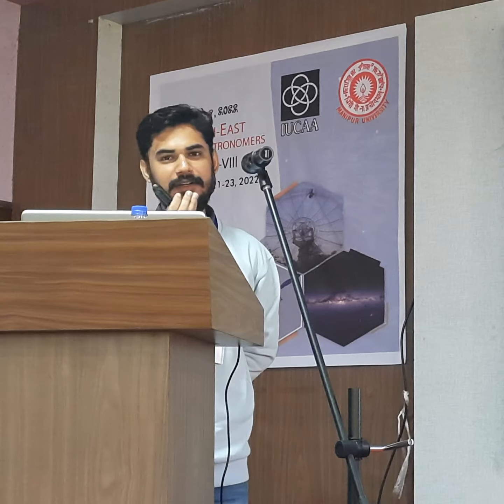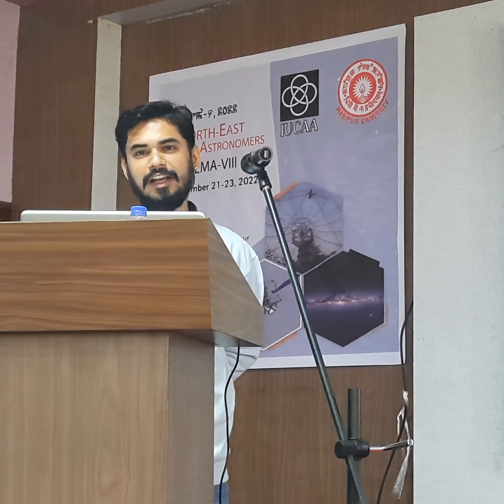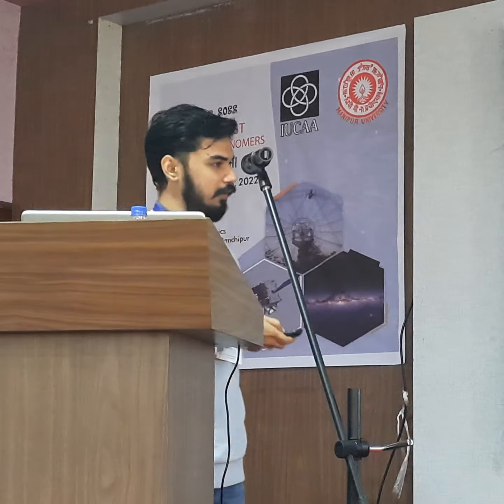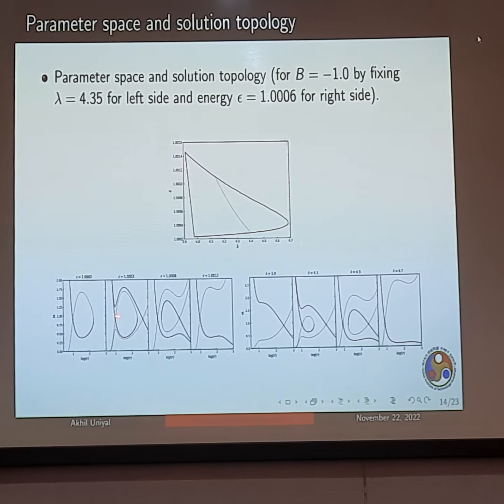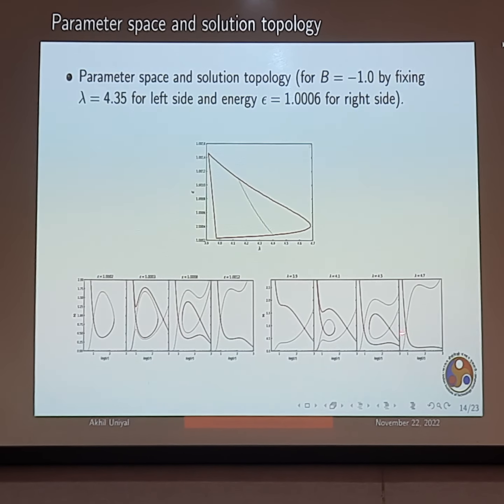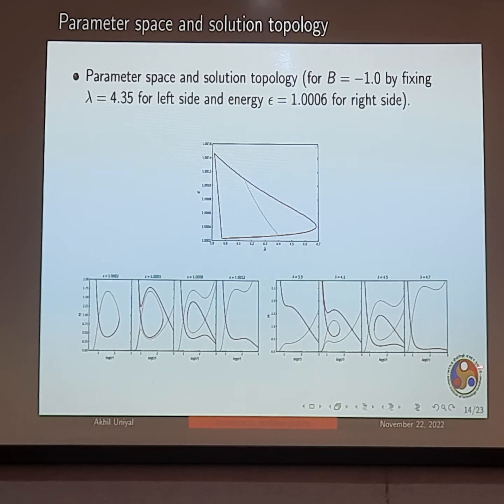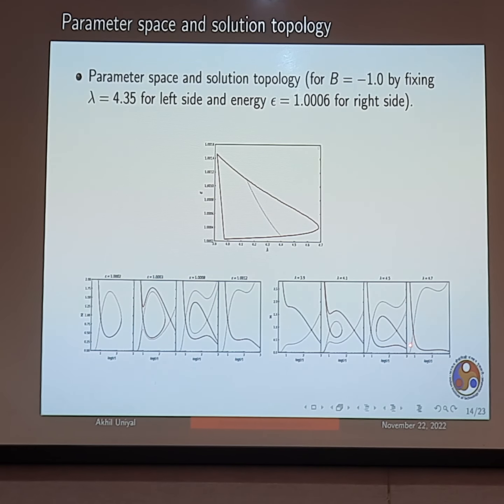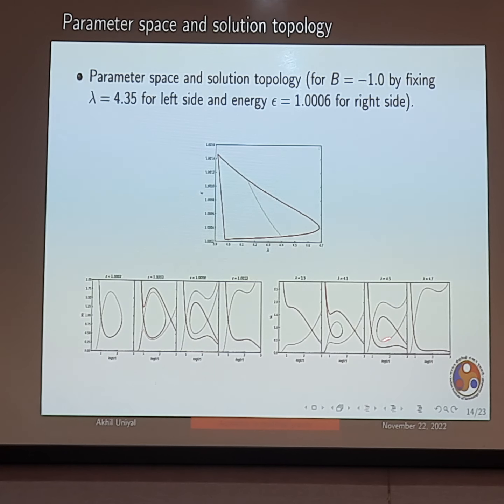In between the ISCO and that critical point, how does the material then go inside the black hole? Once it goes very close to the black hole, its speed will increase. The transition actually happens at this critical point. The flow starts from the outer radius of the disk, and once it goes close to the black hole, its speed should increase and it should become supersonic.